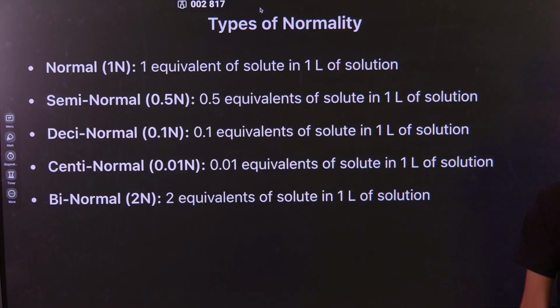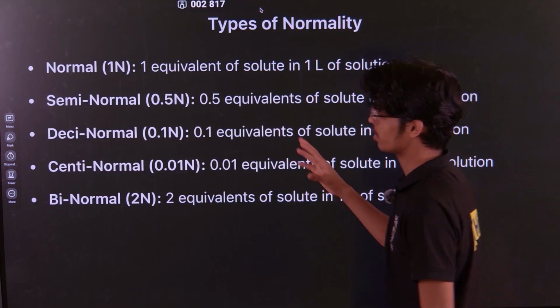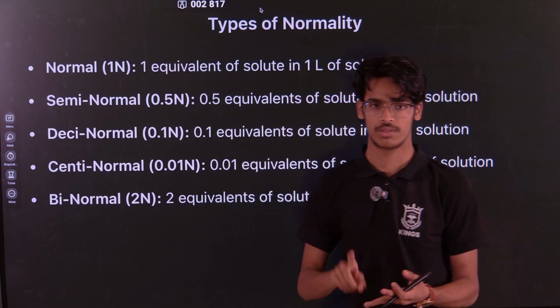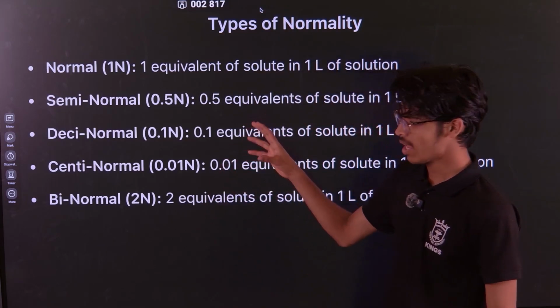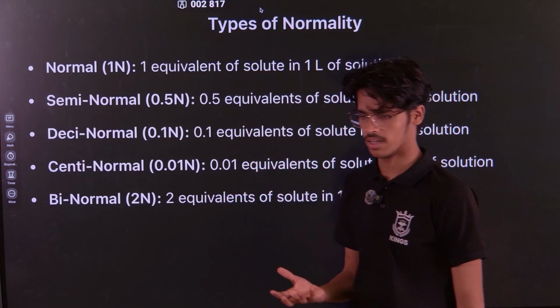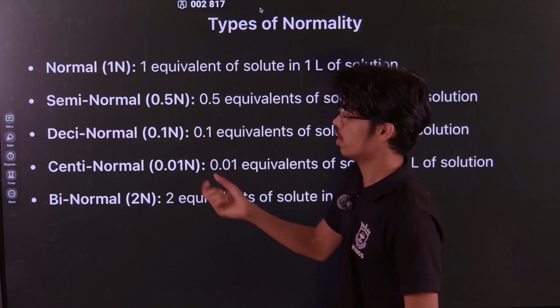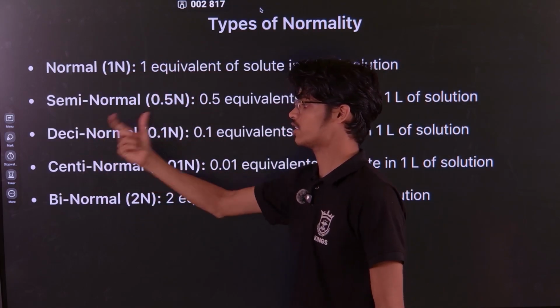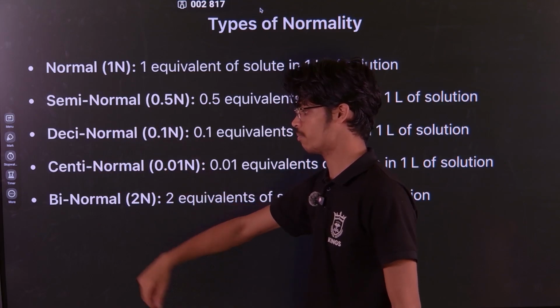Now let's go on to types of normality. I hope you have heard this a lot of times. Sometimes in the question they are not going to give you simple wordings. They are going to say one normal solution, semi normal solution, decinormal solution, centinormal solution, binormal solution.